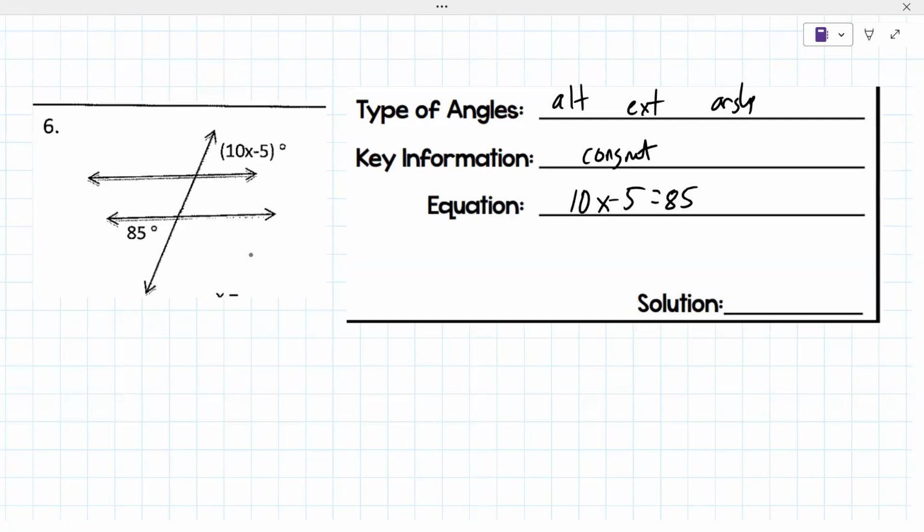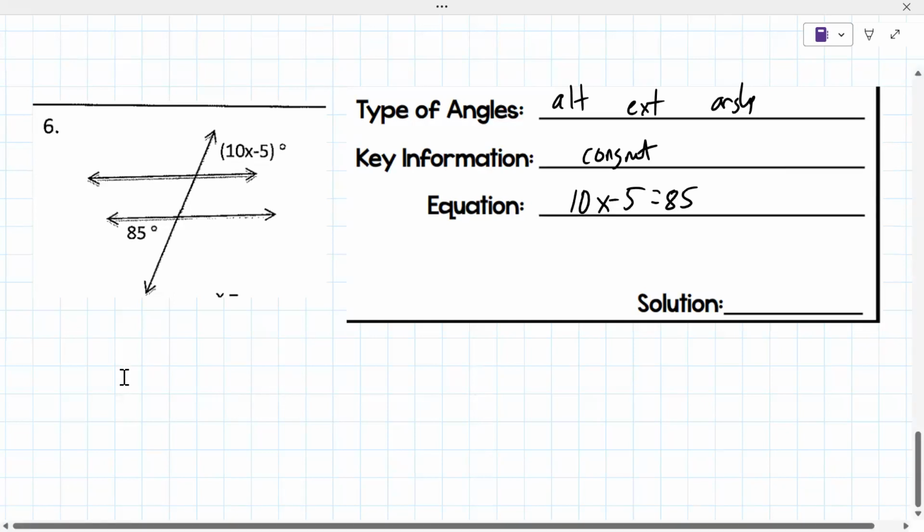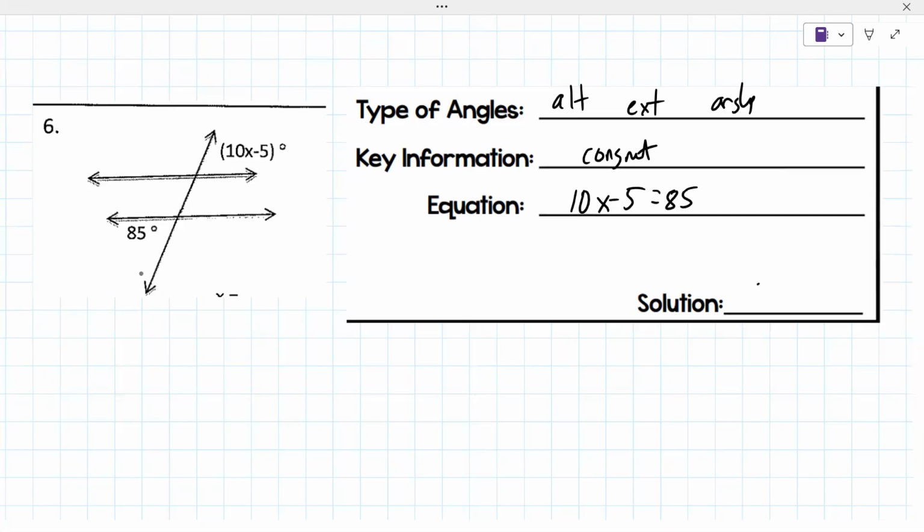Okay, so go ahead and solve for x and then put it back in and tell me what you come up with. They're congruent because when you plug x equals 9 back into 10x minus 5, it equals 85.